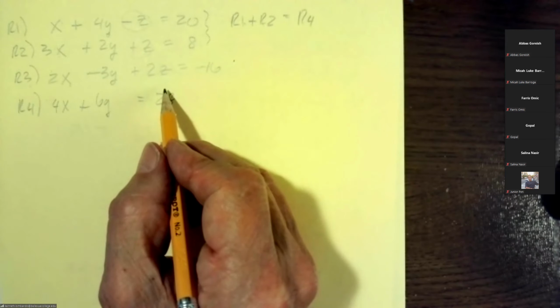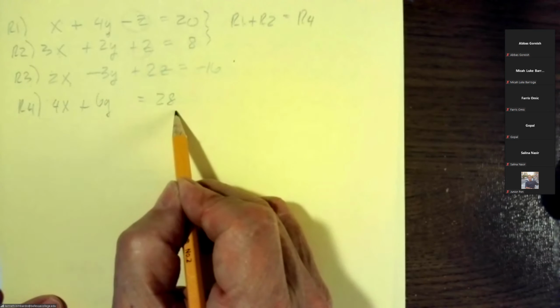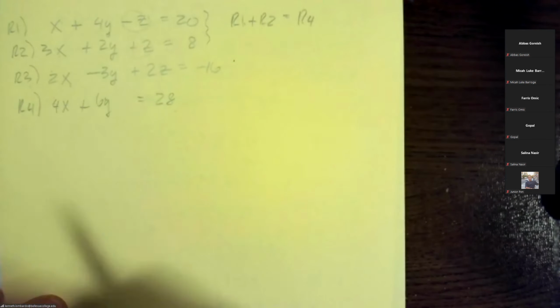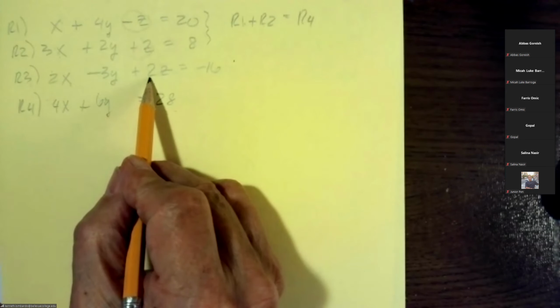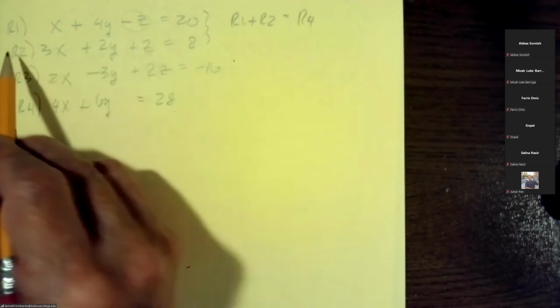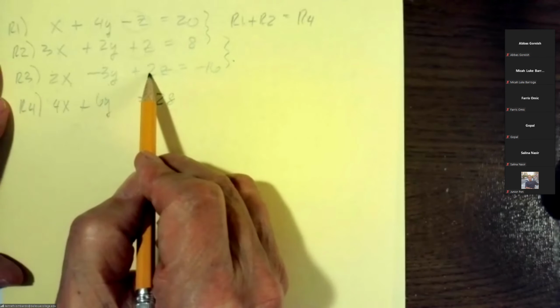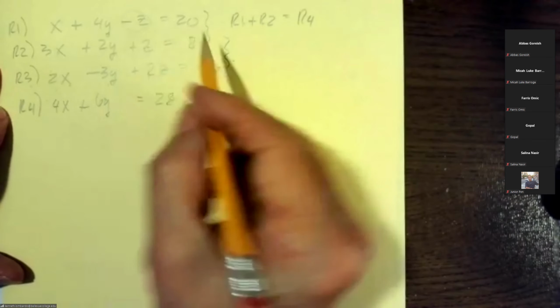Okay. So that gives me a new row with just 2 values in it. Now I'm looking to see if I can eliminate, let's see, can I take these 2 and eliminate, well, I guess I could eliminate a z if I took row 2.